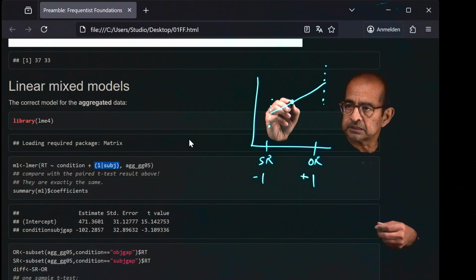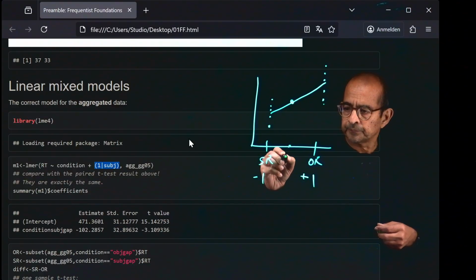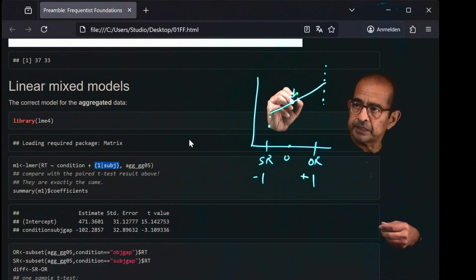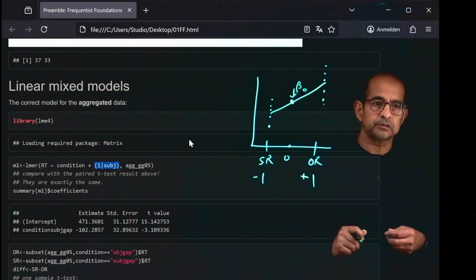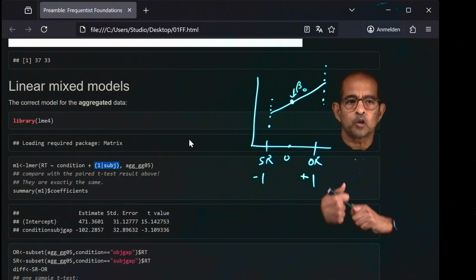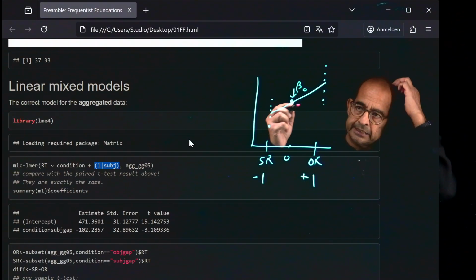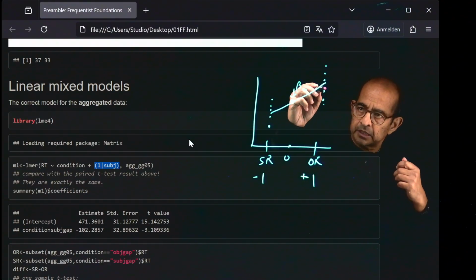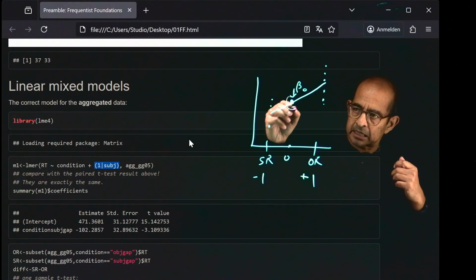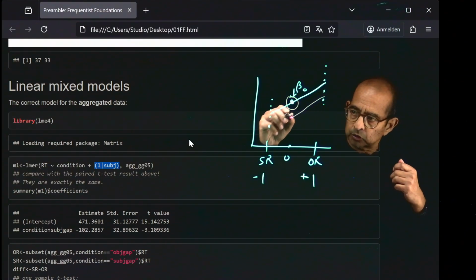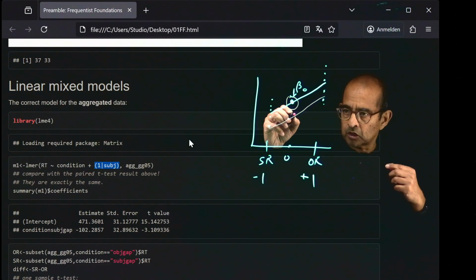So this represents 0 here, and this would represent the grand mean intercept, beta sub 0. And so in the linear mixed model, what we're assuming is that each of the 42 subjects will have adjustments to this grand mean intercept value. So for example, one subject could be faster than normal on average.